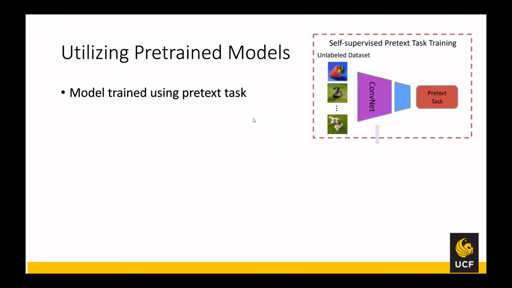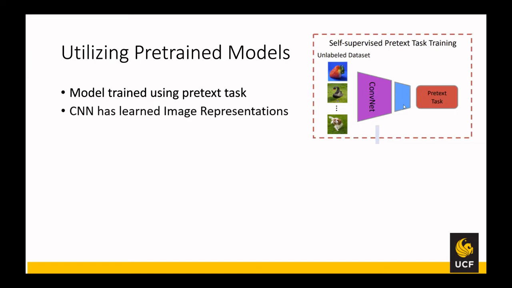So here are the steps to pre-train and utilize a model. First, you train the model using the pretext task. After training, the CNN has learned to create image representations. Depending on the pretext task, some fully connected layers or projection head may be used by the pretext task.